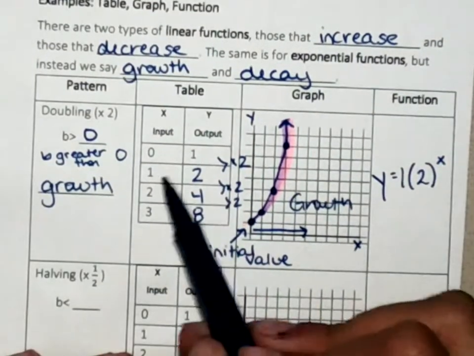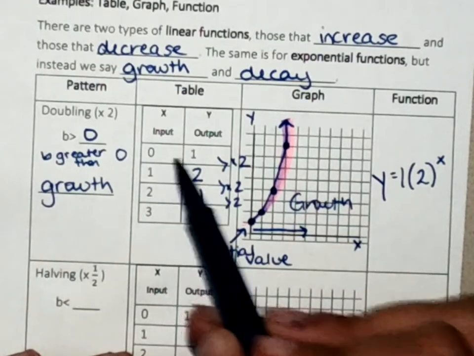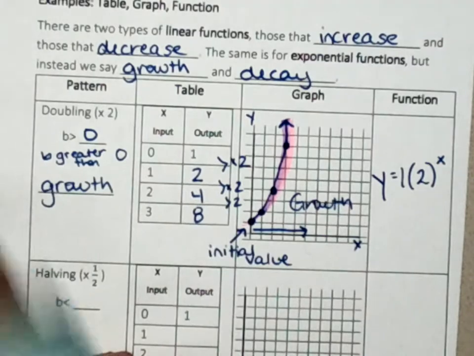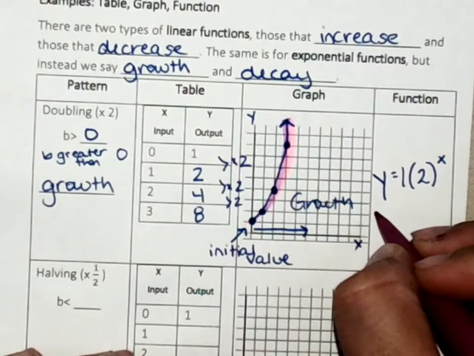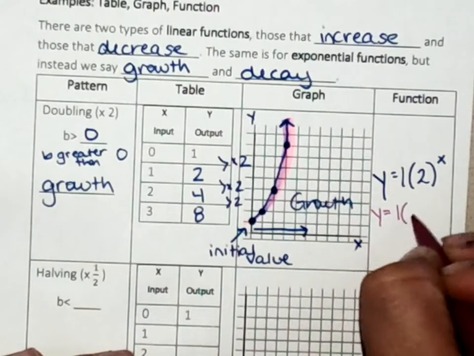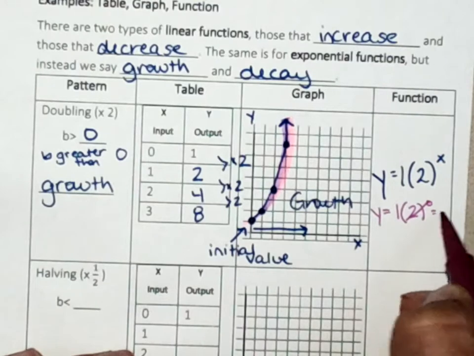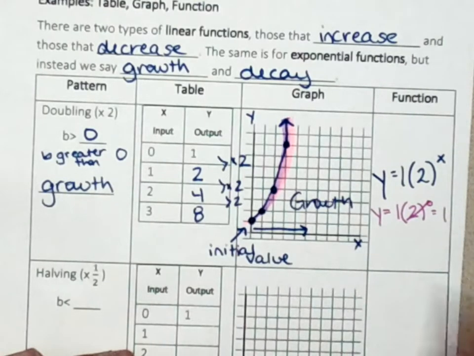So if I plug these x values into this function, I should get the same output. Let's see if that's true. If we plug in 0, 2 to the 0 is 1, so y equals 1, which is true.